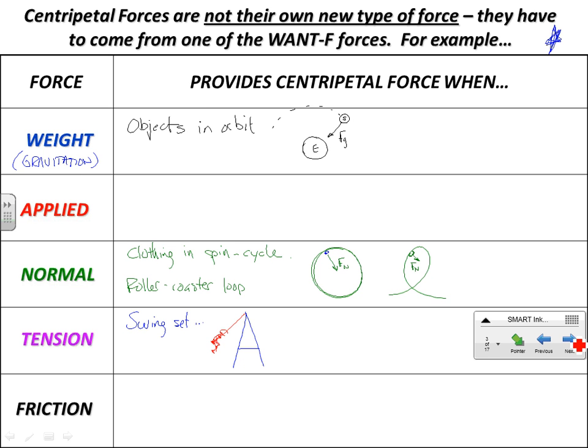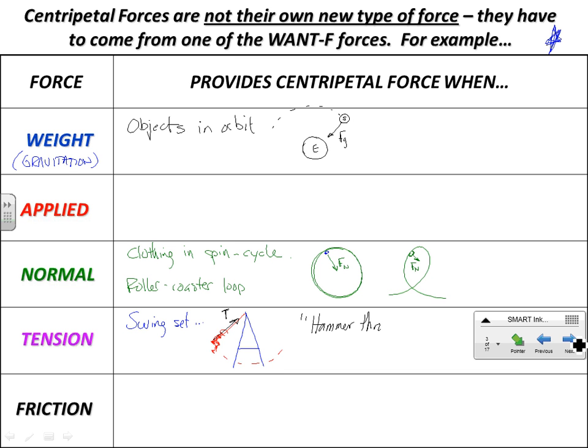Swinging back and forth like this, you're not going to go in a full circle, but that is part of a circular path. So for someone swinging on a swing set, the tension force provided by the chain is right there. I hear some of you saying, isn't that a normal force? Sure. Normal force acts on the person, tension acts on the seat. So you kind of have a couple of options here.